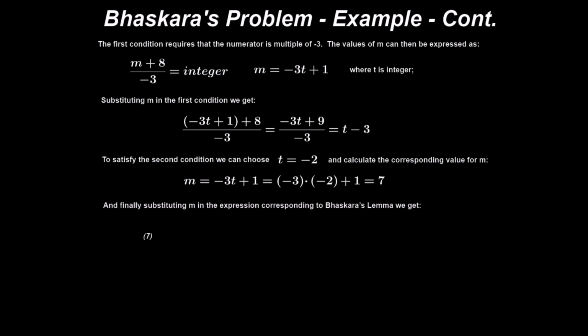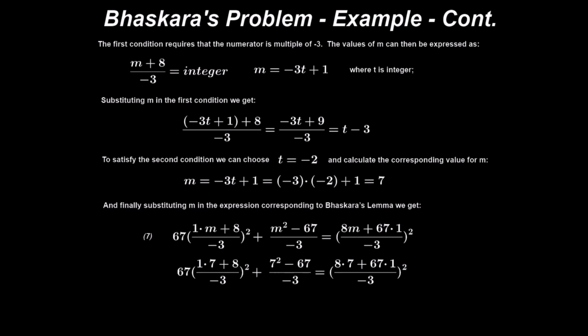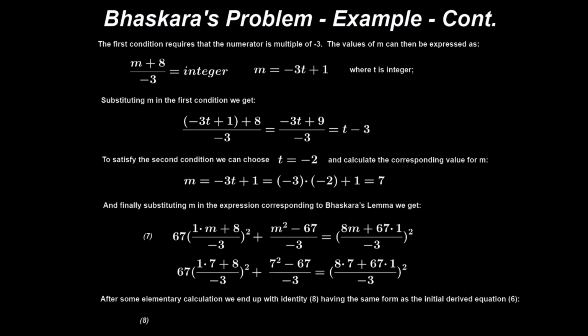Substituting m equal to 7 in the Bhaskara expression, after some elementary calculation, we end up with the new expression for the derived equation: 67 multiplied by 5 square plus 6 equals 41 square.